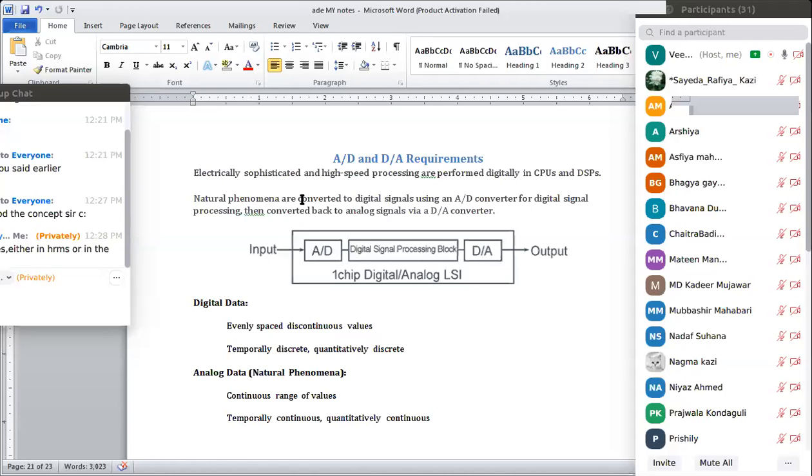Your computer or your mobile gets the digital signal, then converts it into analog electrical signals again, and through your speakers the electrical signal is converted back into a voice signal. This is just an example, for the requirement of analog to digital and digital to analog converters.